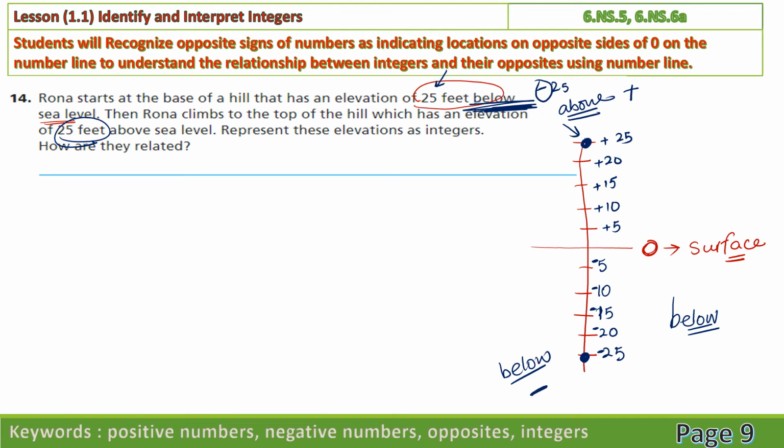They are related because the distance above the surface is 25 units above the sea level, and the distance 25 units below the sea level will be expressed by negative 25, and they are the opposite of each other. The distances are opposite in directions.